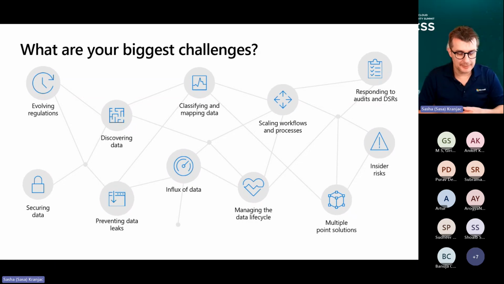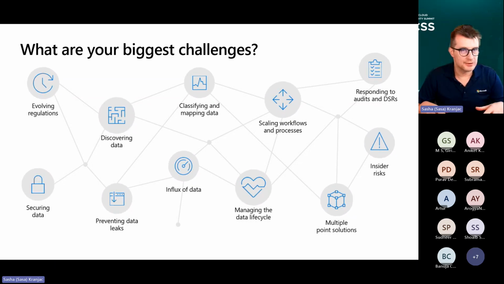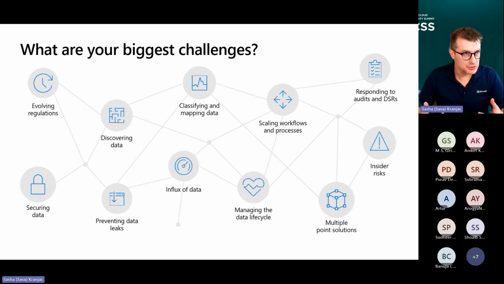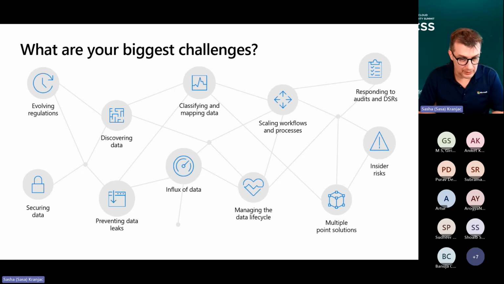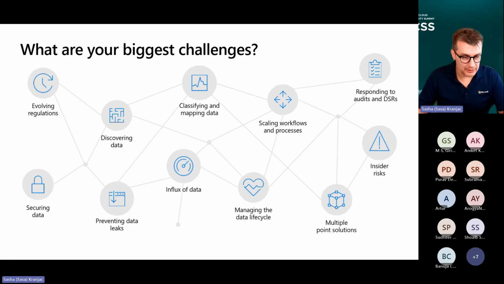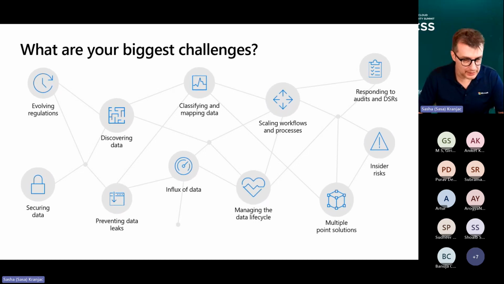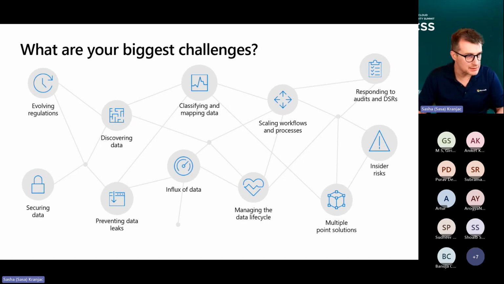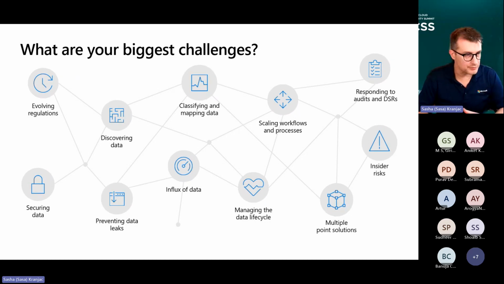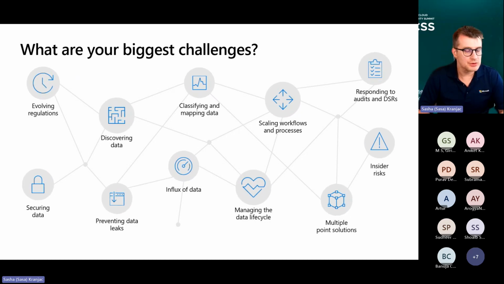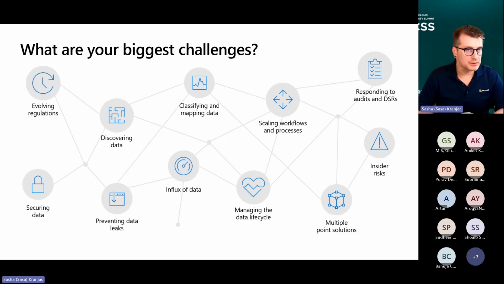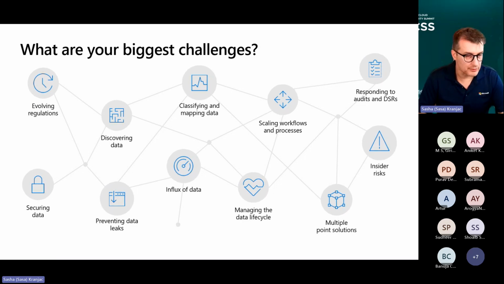Plus, we have a lot of different locations where the data is, and the struggle today is where to find the data, and when we find it, how to classify it, how to contain it, how to regulate it, how to prevent data leaks, how to control the influx and outgoing of data, and how to manage the data lifecycle, because we are certainly working in a regulated industry, or working for someone that is.